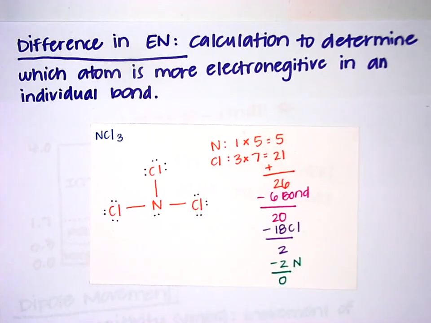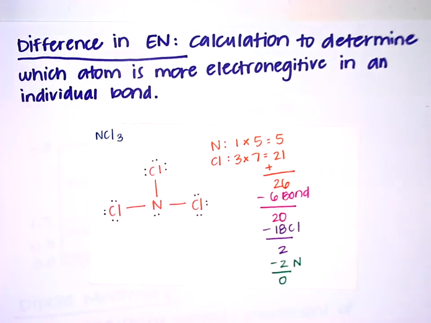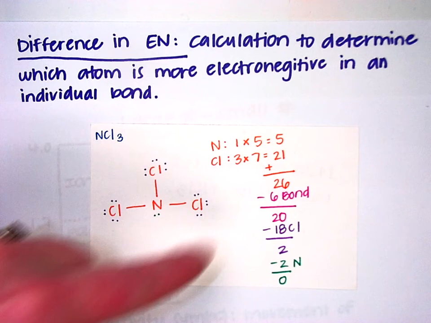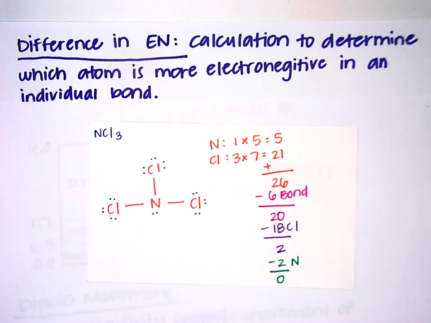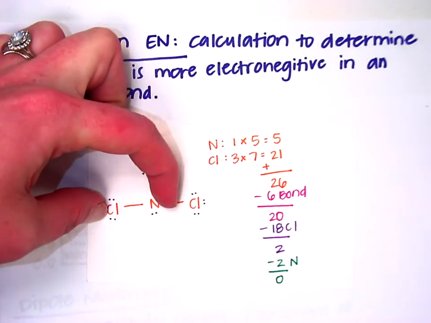This is a Lewis dot diagram we did a little while ago, and this is a true molecule shape. This is a covalent bond, and it's a covalent bond that is going to be a molecule. Each one of these lines represents an individual bond. So when I'm calculating difference in electronegativity, I'm going to be calculating the difference between these two atoms.